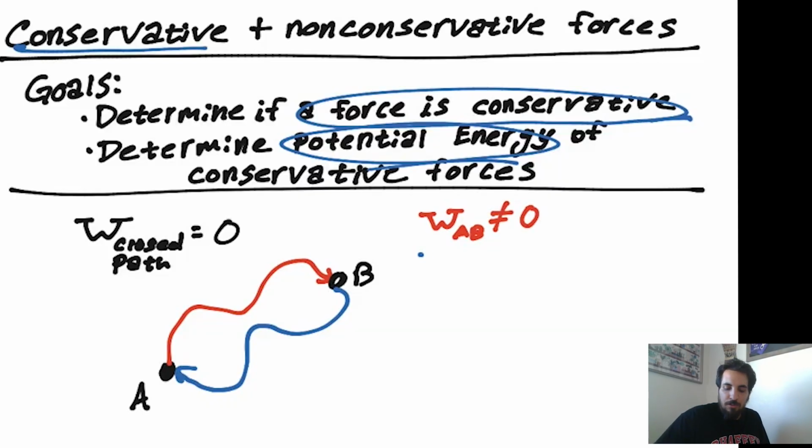We look at the return path and we say the work done from B to A is also going to be non-zero. And then finally, we ask the question, what is the total work done in this closed path?